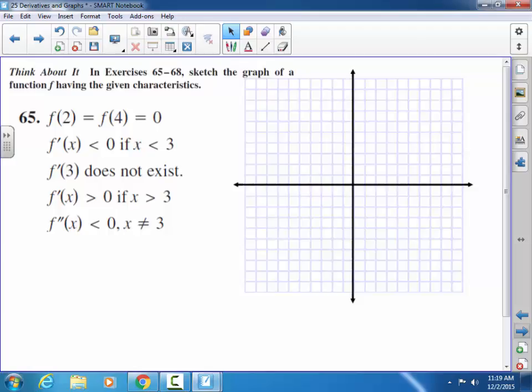It doesn't have to look like your next door neighbor's. It may look slightly different. But the graph must have all of those criteria. There's not one single right answer.